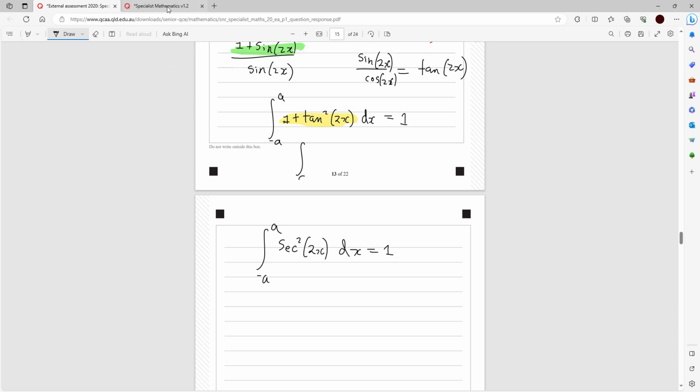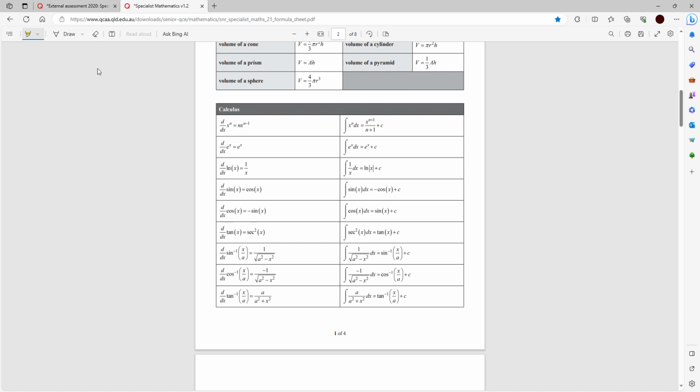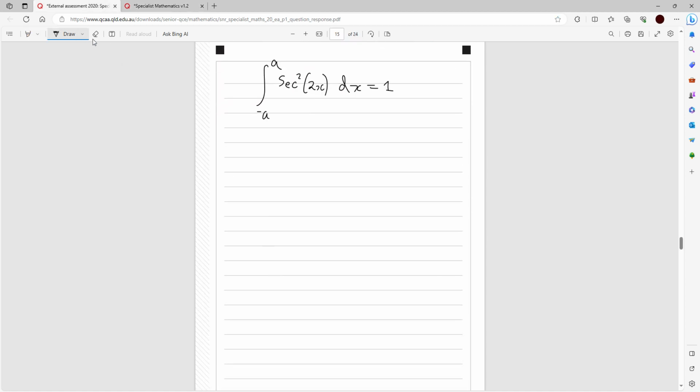Now the reason I did that is because if you go to the specialist formula sheet, you are told that specific integral. That is equal to tan x, because the derivative of tan x is sec squared x. So when you integrate this, you've got to do chain rule, so you've got to divide by the derivative, which is half tan of 2x from negative a to a is equal to 1.